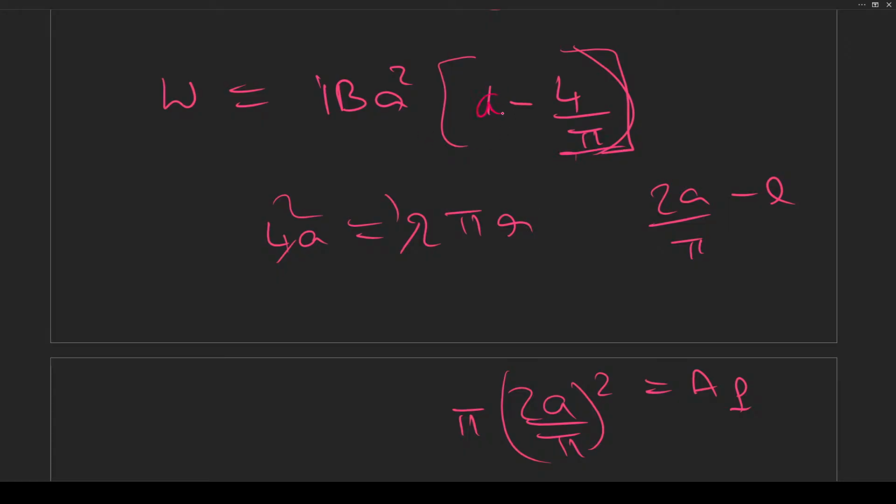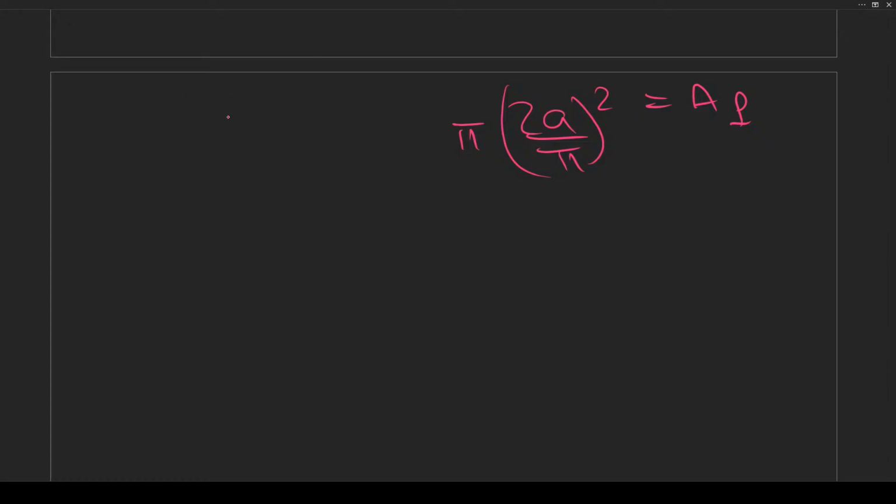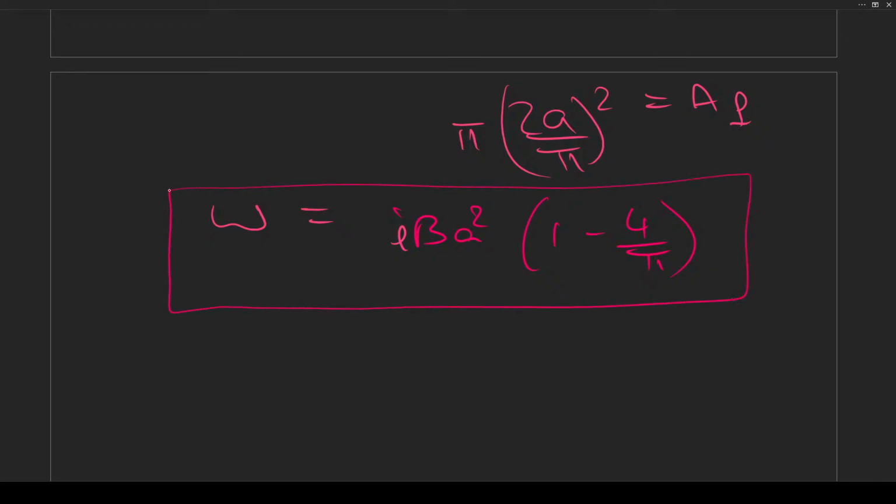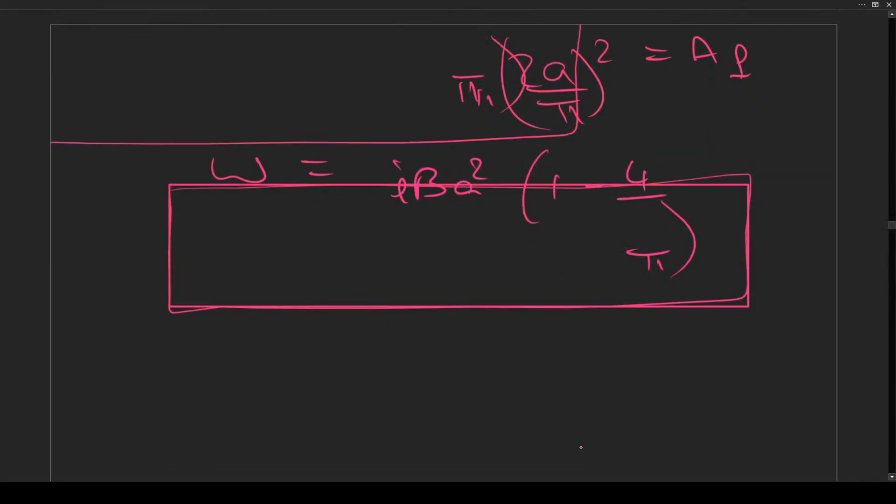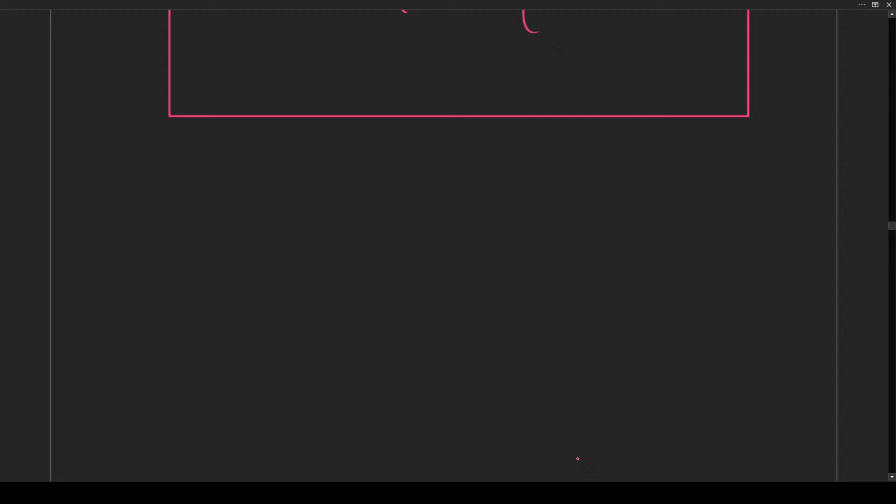By taking a square common, we get the final work done, where work done is equal to I B a square times 1 minus 4 by pi. Let's go to the next question.